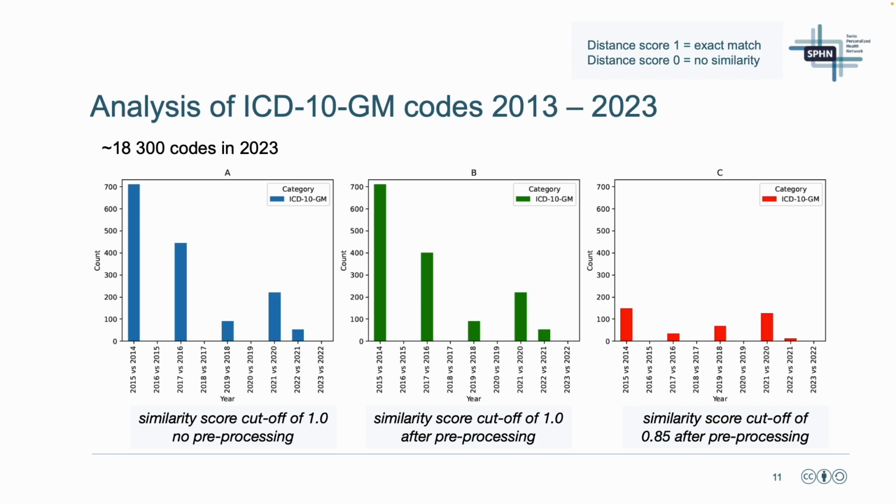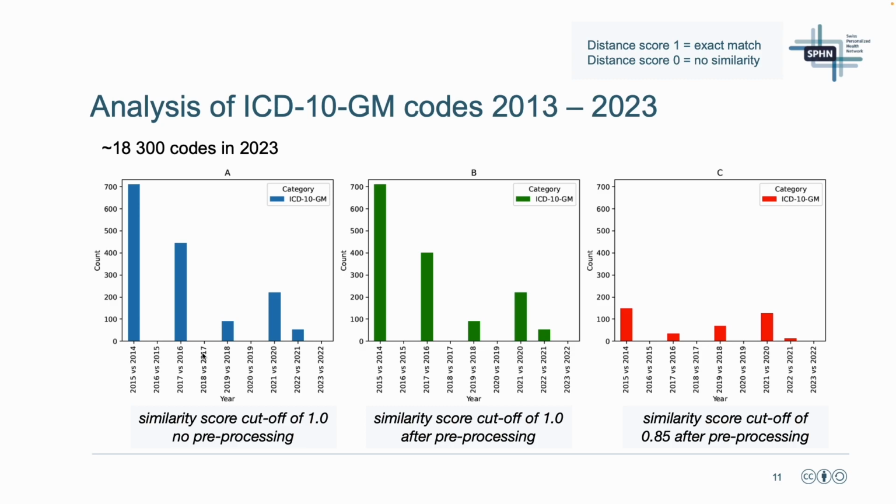Finally, the same analysis was done with ICD-10 GM. Again, we had approximately 20,000 codes. And here you can observe that in general, we see fewer codes being changed between versions compared to CHOP, for example, which had approximately the same number of codes. But some consecutive versions do not have any change at all, like 2016 versus 2015.